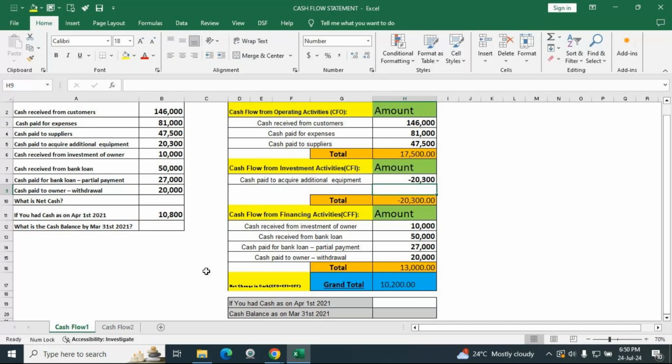So by the end of March, how much amount am I having? So it will be equals, correct? 10,200. Yes, ma'am. So at the beginning of the financial year, it was 10,800. At the end, I have 10,200 with me.